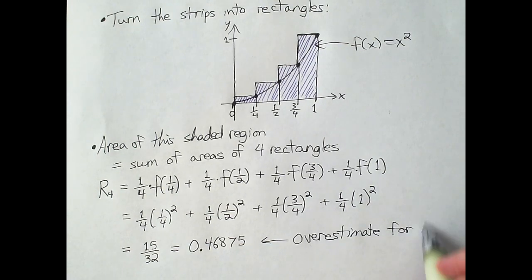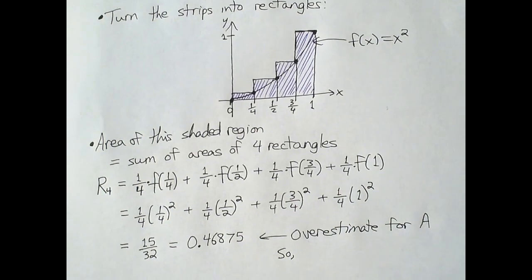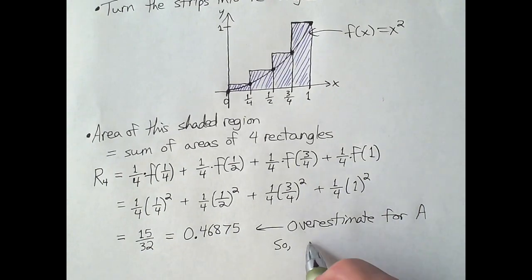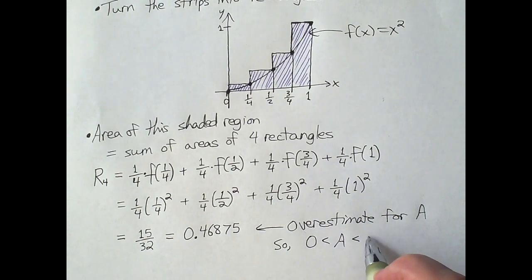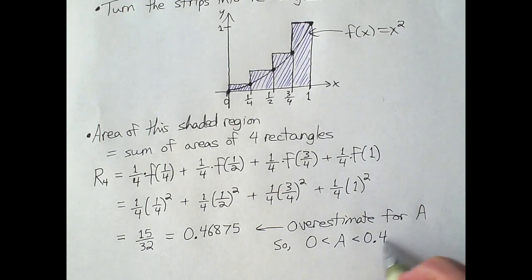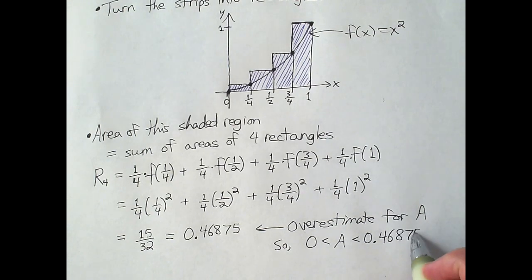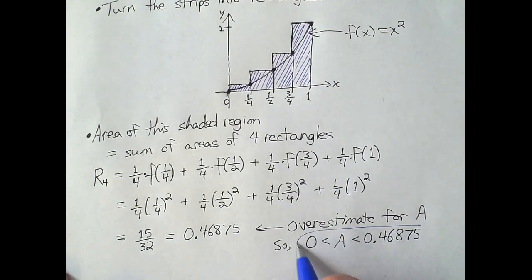It's too much. But what we could say then is A, the actual area, must be smaller than this. So we could say that A is somewhere between 0 and 0.46875. And I'm going to circle this just like I circled that earlier statement.